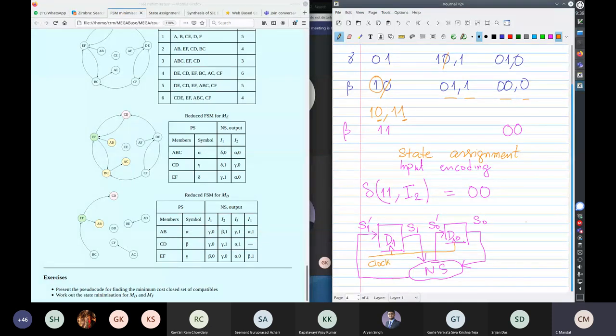All right, now what is happening is, suppose in a transition at neg edge.